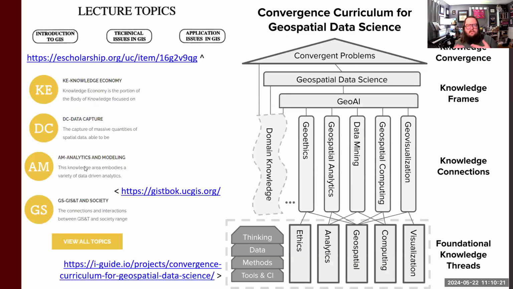Now, of course, we have lots of different ways that we think about curriculum, that we think about knowledge and skills and practices, that we think about what people should know, that we define what should means, all of these different things. In the top left here, this is a screenshot I took from the NCGIA core curriculum that listed out some lecture topics in GIS into 3 bins: introduction to GIS, technical issues in GIS, and application issues in GIS.